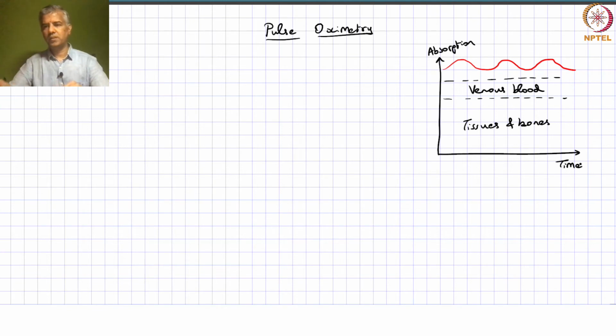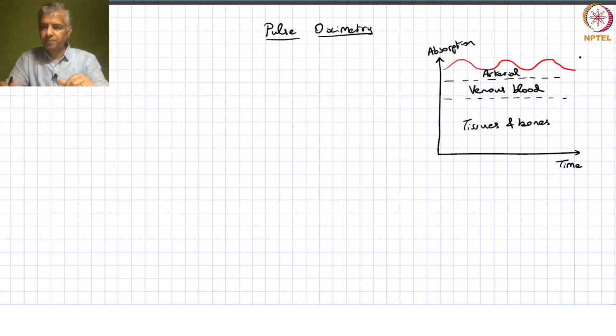Most of this is uniform with respect to time, but the arterial blood has a component that changes with time. And how does it change? Well, that corresponds to our pulse rate, right? Whenever our heart is pumping, it's pushing oxygenated blood through the arteries. So this frequency will give you the pulse rate.